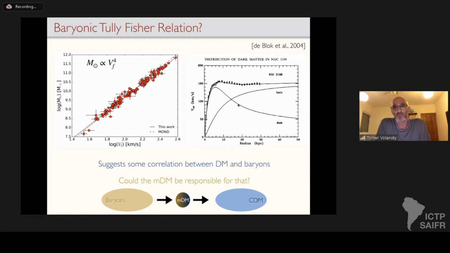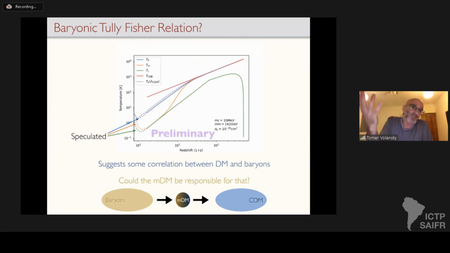And so one question to raise is, could it be that these milli-charged particles that interact with both baths mediate this kind of information and allow to correlate the baryonic mass and the dark matter mass? So wild speculation. We are just thinking about it. I have no idea yet whether it can work or not, but you could imagine why it would.